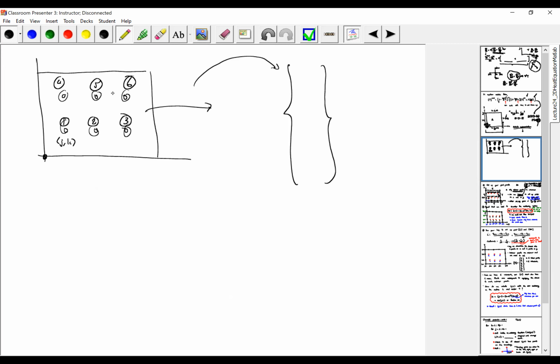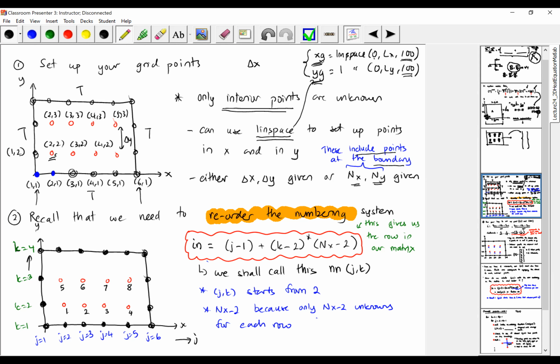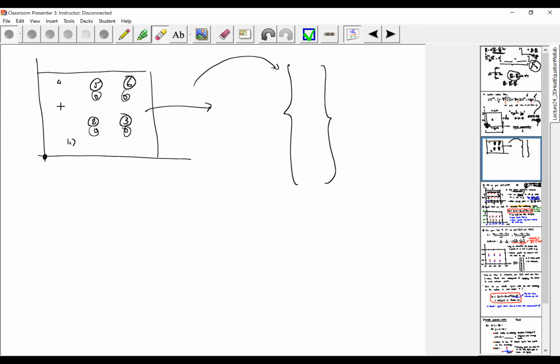But the question is we need to reorder the numbering, so that for each value of j, for each value of k, you will get the corresponding node numbering from 1 to 8. What I mean by that is this. I hope you are following. Let's say this is J1, K1.